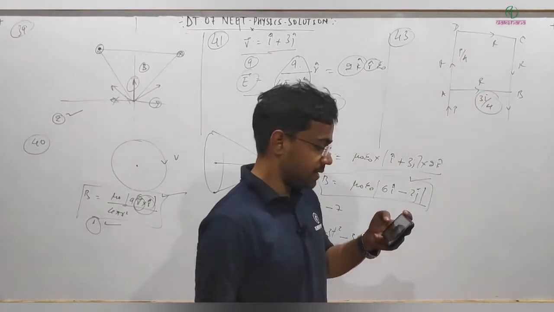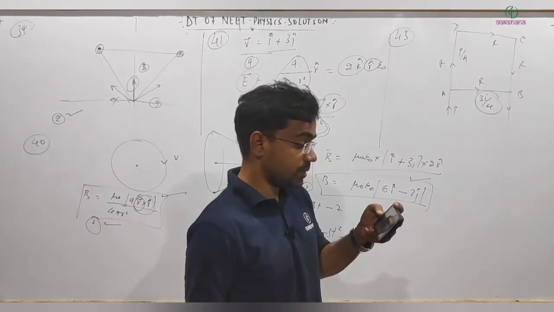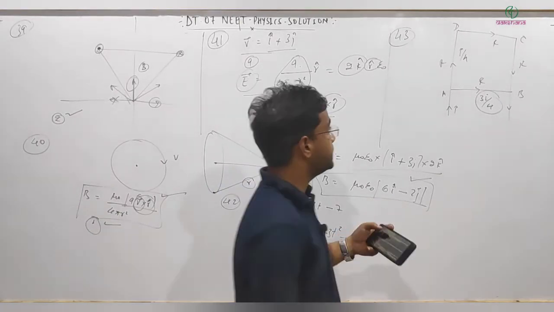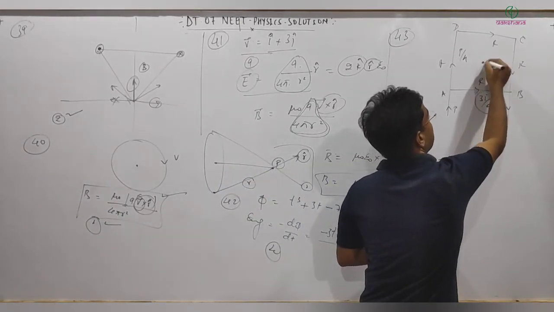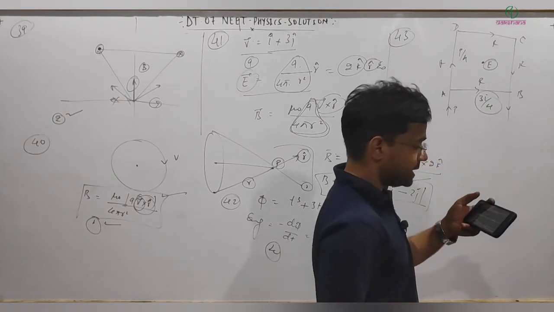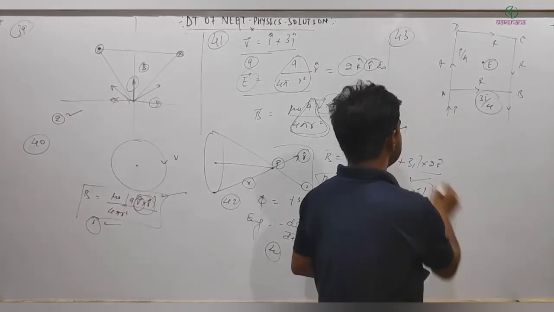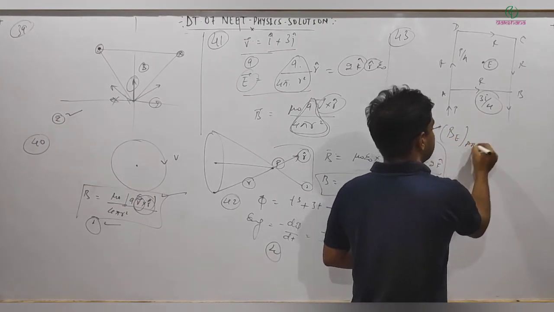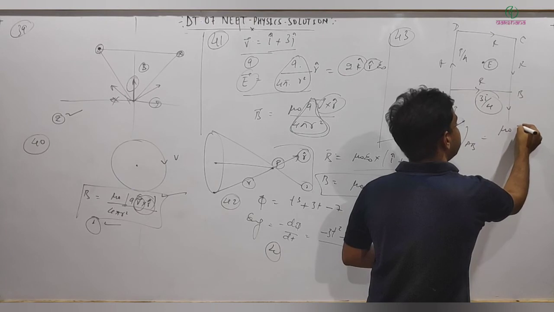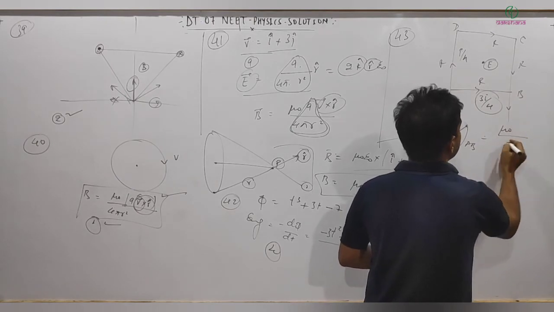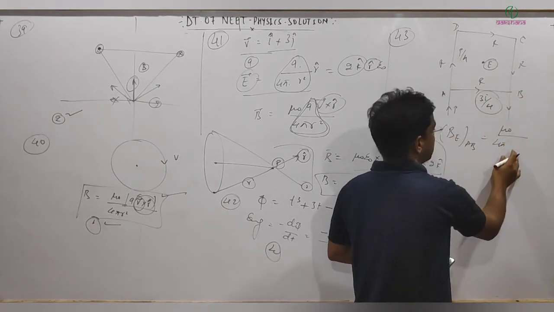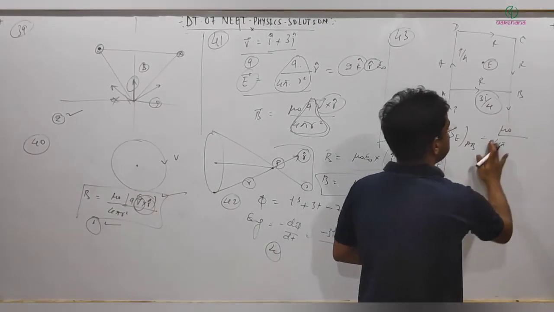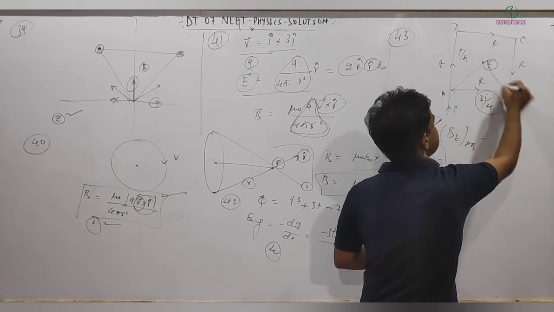Then it's talking about the ratio of magnetic field at E, where E is the center, due to segment AB to that due to DC. So the magnitude of B at E due to AB can be written as mu naught by 4 pi into 3I by 4. The remaining things stay constant, so it is simply proportional to current, because distance and angle are constant.